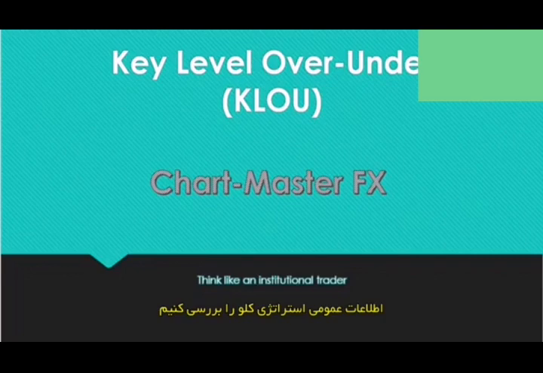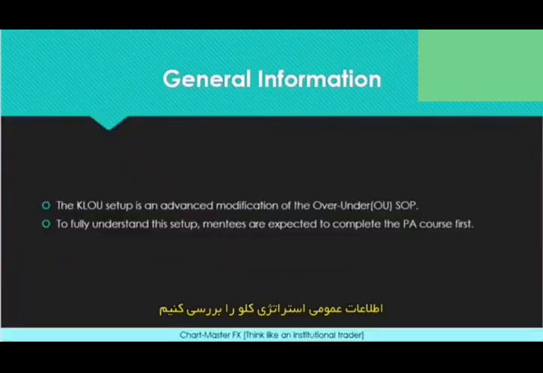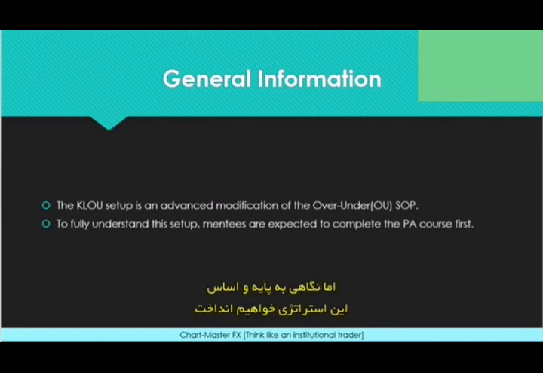So we are going to look at the general information about the key level over under. The claw setup is an advanced modification of the over under SOP. So this setup is an advancement of the over-under setup. In this course, we are not going to look at the over-under, but you just have a general look at it so that you can have an understanding of the basic building blocks of the strategy.